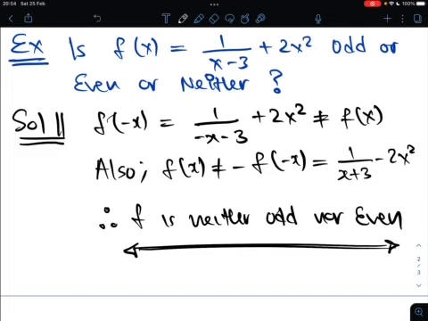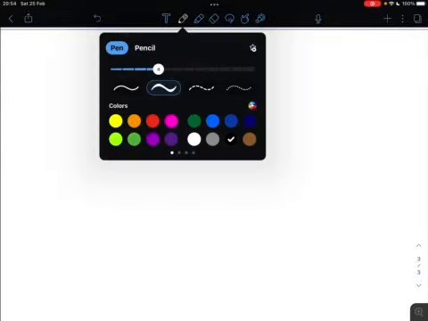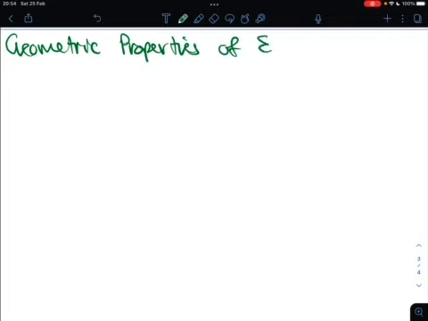But now we're going to conclude this lesson by looking at what properties odd functions and even functions have. So let's talk about geometric properties of even functions.